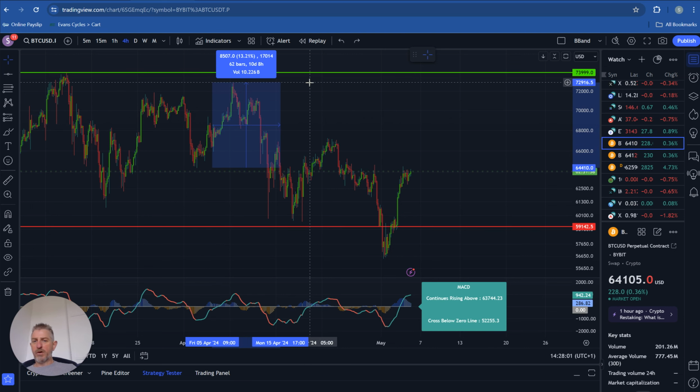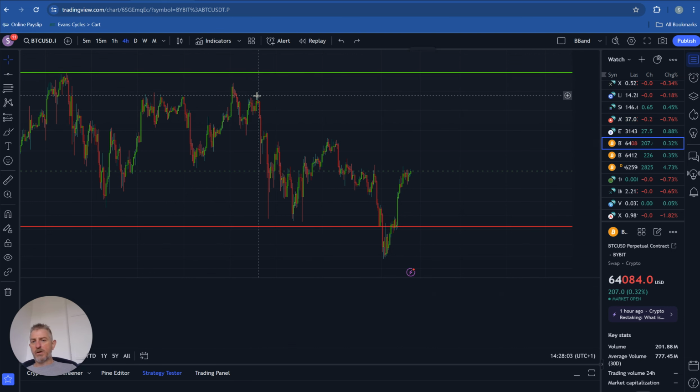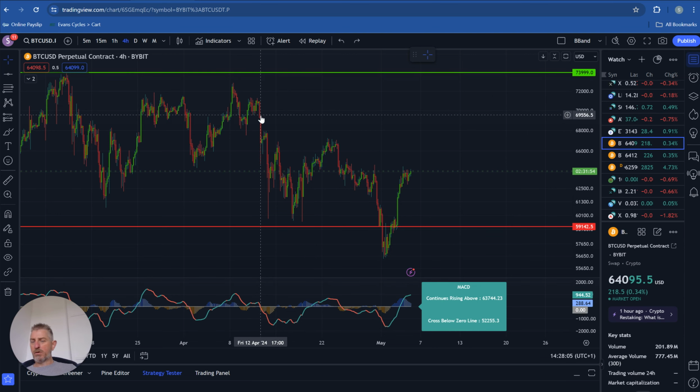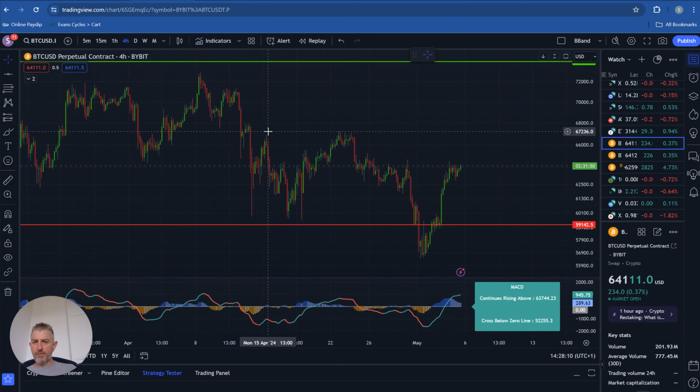It also confirmed this area as a local high. This 4-hour candle right here confirmed this is a local high, which was slightly lower than that one. And it also broke below the 50% of that move up. So that candle on its own was a really good signal for more downside.